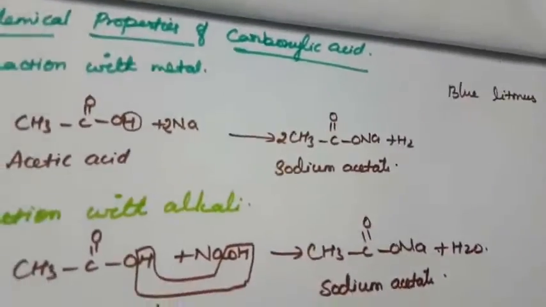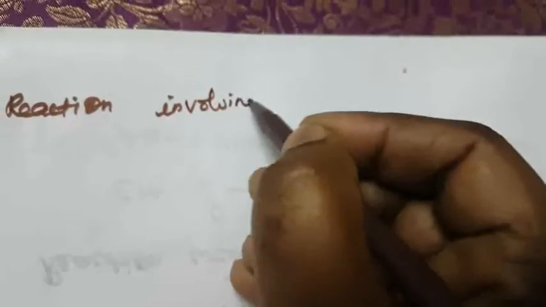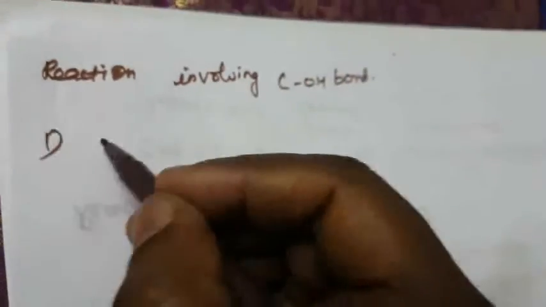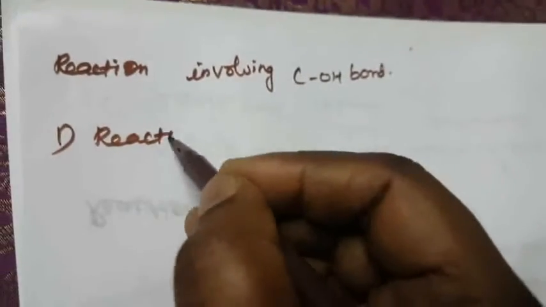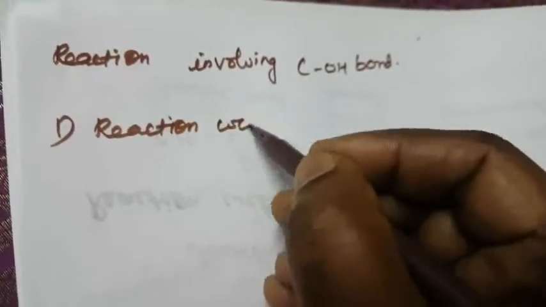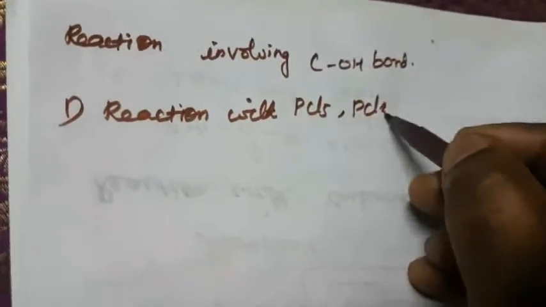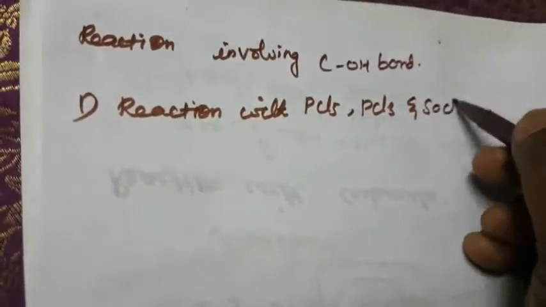Next we are going to see the reactions involving the COH bond. First one is reaction with PCl5, PCl3 and SOCl2.